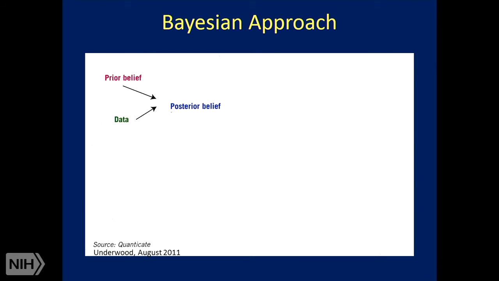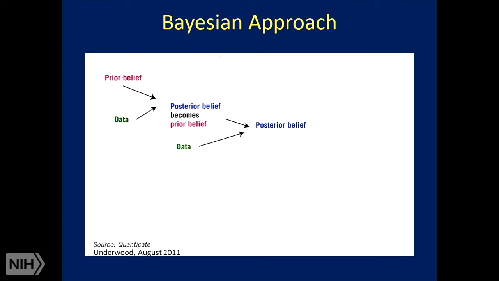So you have some idea, then you do the experiment, have the data, and now you have the posterior belief. But then the posterior belief becomes the prior belief for the next experiment. So the posterior now becomes the prior for the next experiment.